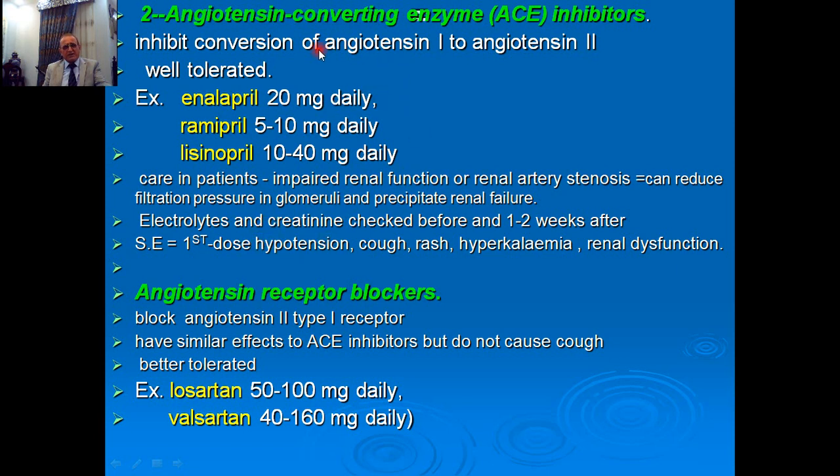If the patient is intolerant to angiotensin converting enzyme inhibitor, developing cough or angioneurotic edema, then you can use the angiotensin receptor blockers. These block the angiotensin 2 receptor and have similar effect. Examples are losartan and valsartan. These end in -sartan, losartan, and this one -pril, enalapril.